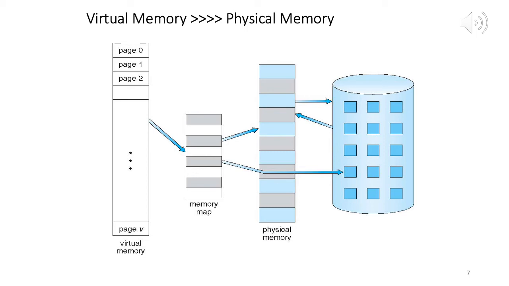And we also see a disk over here. What that means is, for some of these accesses we may need a disk operation. For a particular page, if that page does not exist in main memory, which means there is no mapping to a physical frame, then we have to bring that page from disk to main memory.